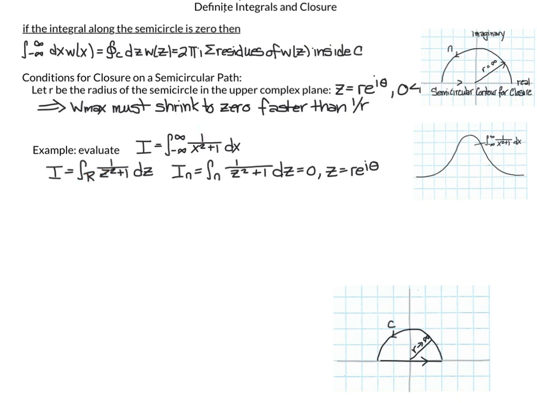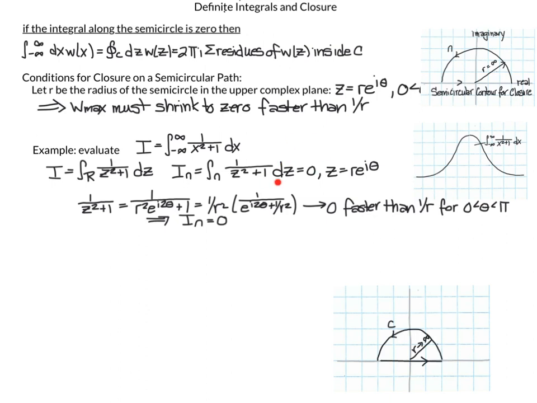Next, I have my integral over the semicircular region, 1 over z squared plus 1 dz, and I want that to equal 0. Of course, wanting it to equal 0 versus verifying it equals 0 are two different things, so let's do the verification. Plugging in that z is equal to r e to the i theta, I have 1 over r squared e to the i 2 theta plus 1.